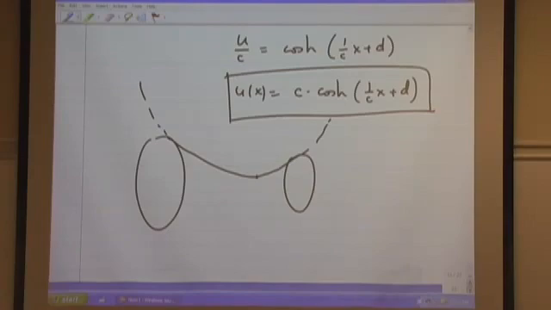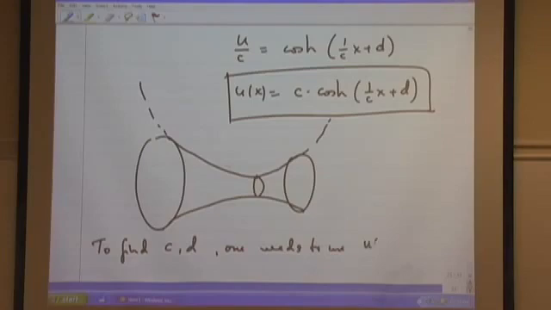Okay, and the story is that there's no solution for all possible radii, and also the distance between the two circles. So to find c and d, one needs to use the values of u at the two endpoints. Okay.